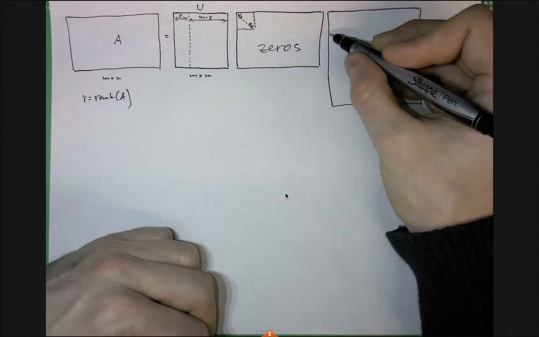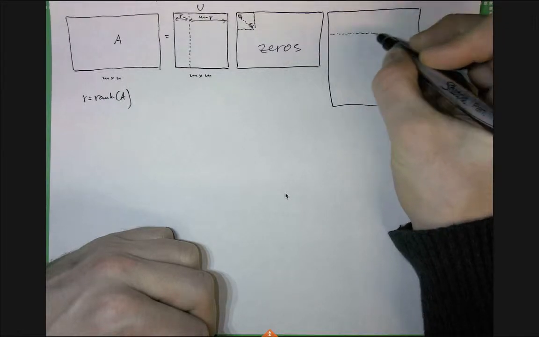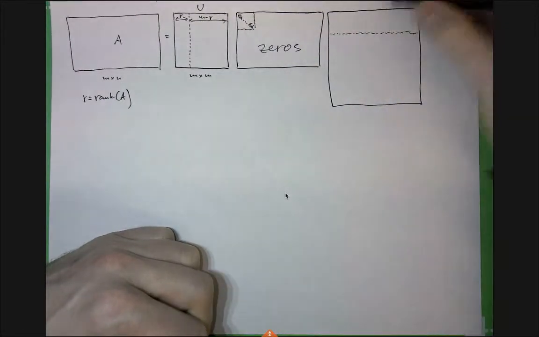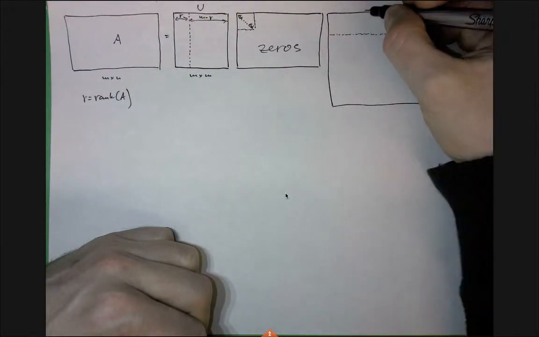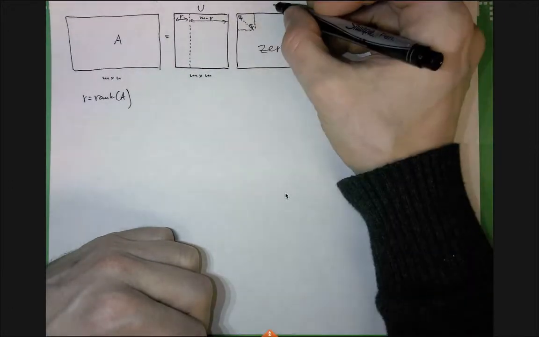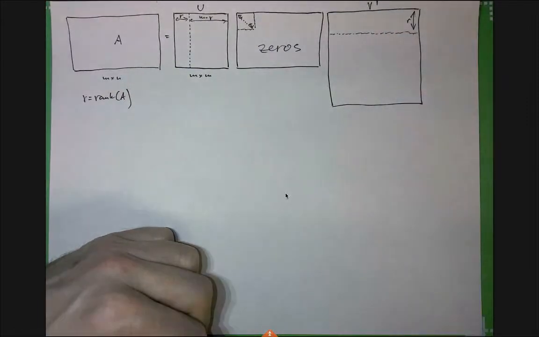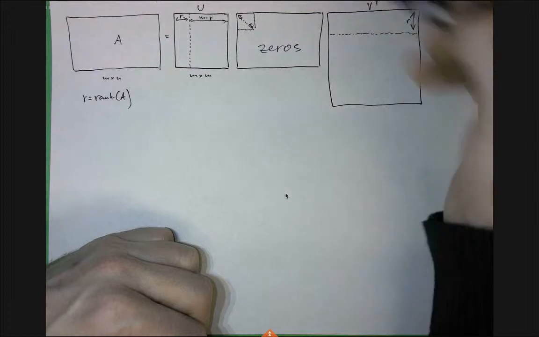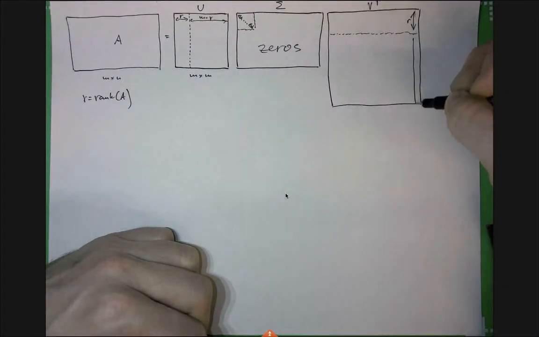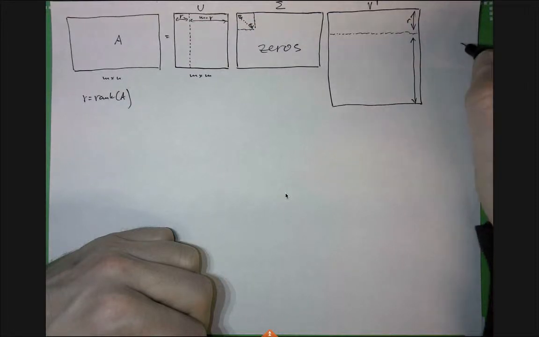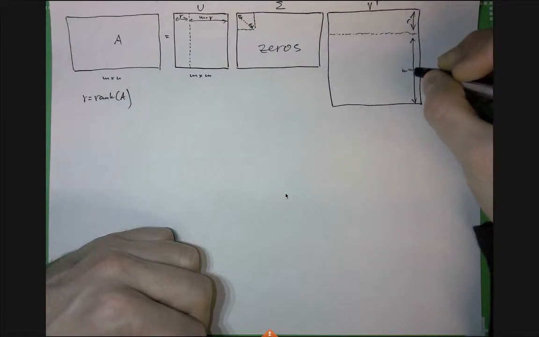And here I can also split it like this. Here is like a demarcation line. Here is the first R rows of VT. So this is VT, the thing I'm looking at here. The transpose here is slightly confusing, so don't get confused. If I was looking at V, it would be the first columns. And the rest is N minus R, of course.